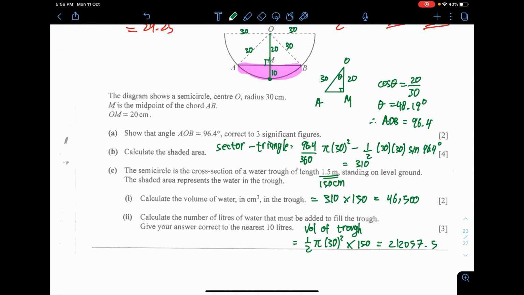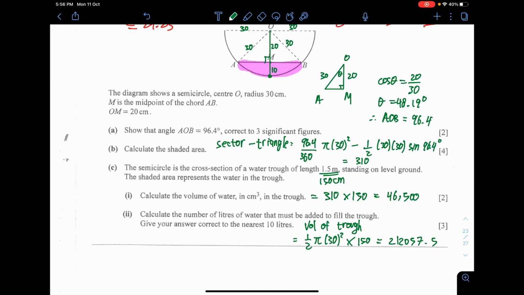And then you minus off the number, 212,057.5041 minus 46,500. I got this. That's the remaining volume that you need to fill.